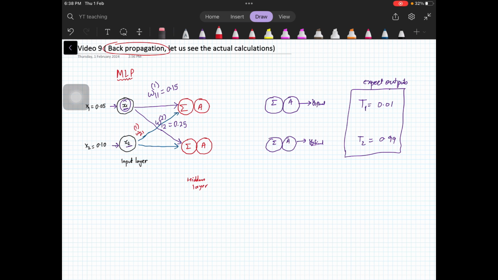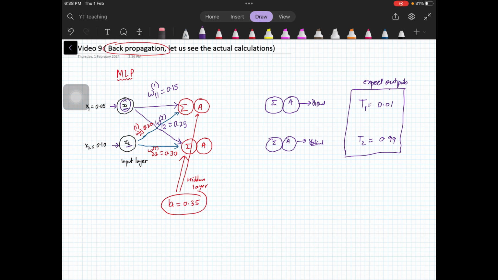Suppose w21 is 0.20. So this weight is 0.20, and here w22, again first layer, is 0.30. Then you also have a bias term. Suppose my bias term is b1 equal to 0.35, which is going into both the perceptrons. I hope I am making sense.